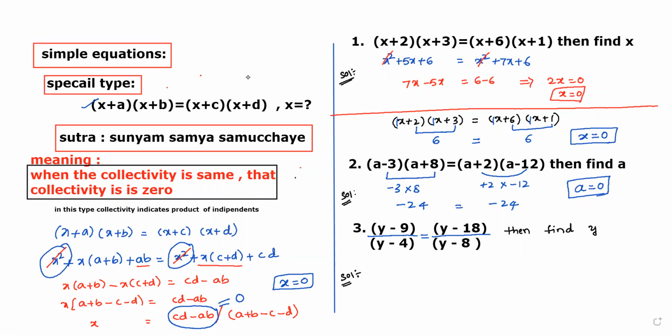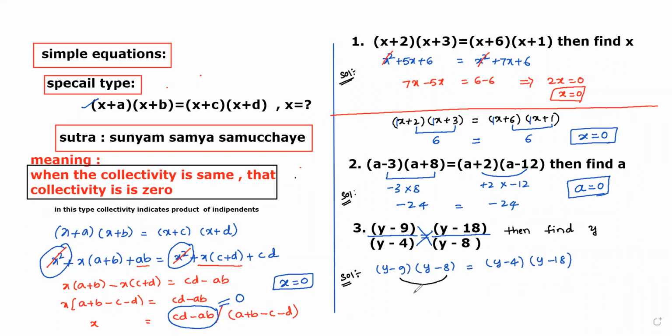So come to this question. This question looks different, but if you do cross multiplication, then you will get (y minus 9) times (y minus 8) equal to (y minus 4) into (y minus 18). Now you can check whether the products of the constant terms are equal or not.